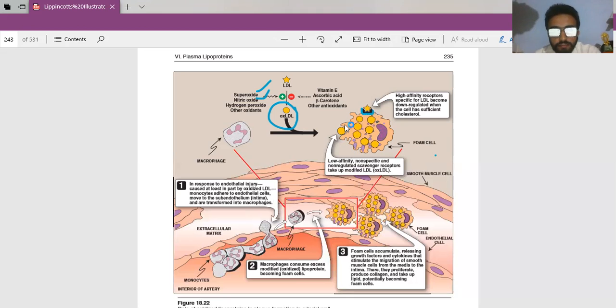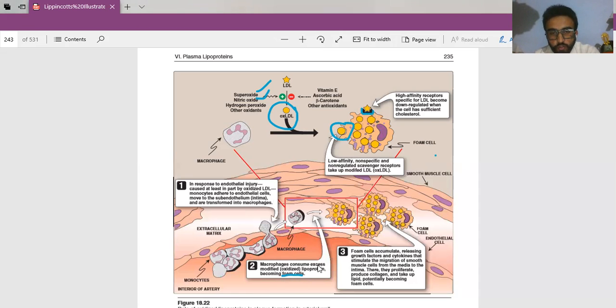So when these oxidized lipoproteins are engulfed by the macrophages, they become fluffy in their nature, so that's why they are termed as foam cells.